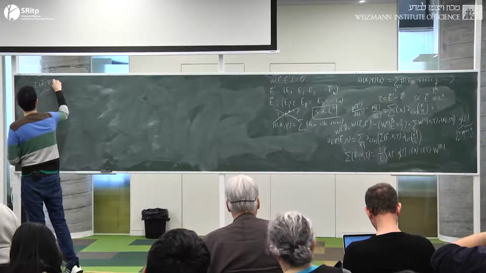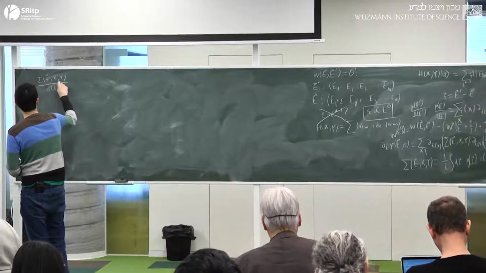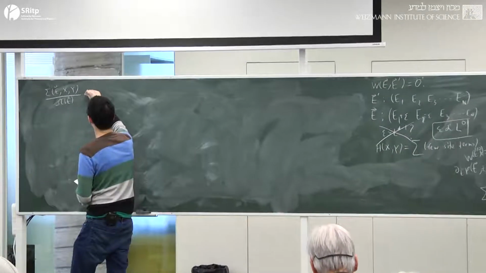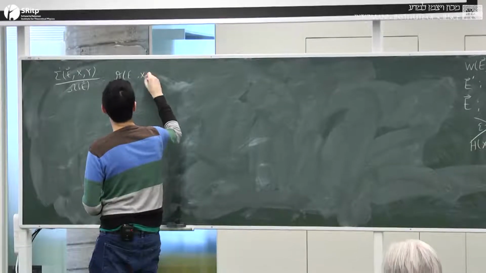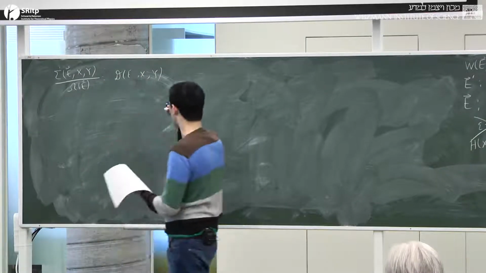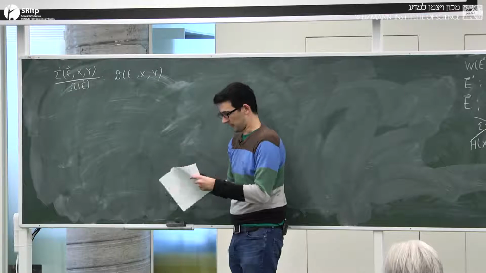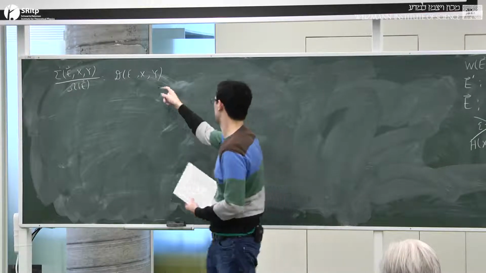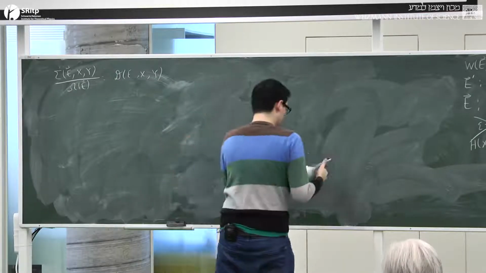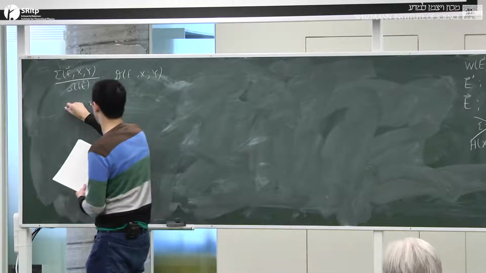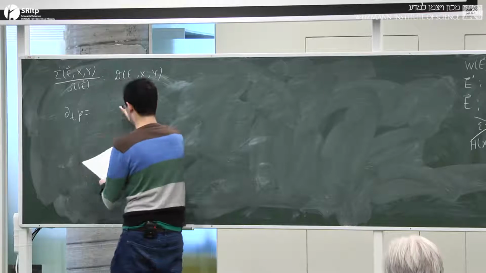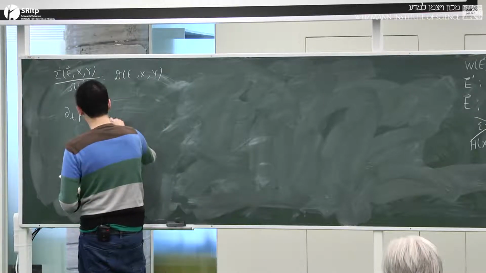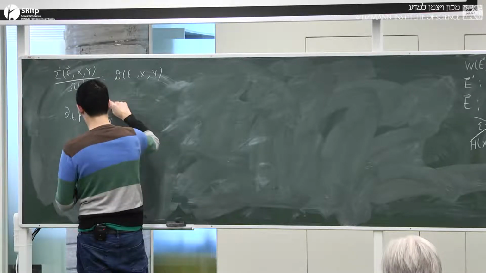I'll divide it by omega and call the result, the board is scratched here, curly D. Okay, and with this definition, my equation takes the following form, which will start to look nice.